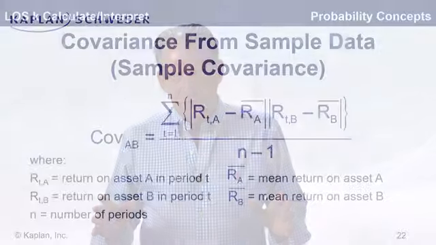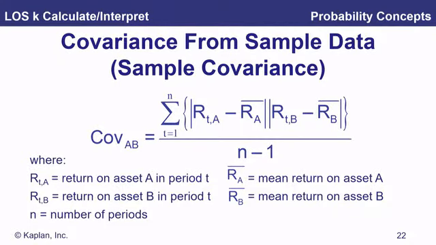Okay. Now we can also calculate covariance from sample data. And so this is more like equal weighted, right? We've got n observations here and they're all kind of equally likely. But if we're using sample data, we're going to calculate the sample covariance. Our divisor isn't n.